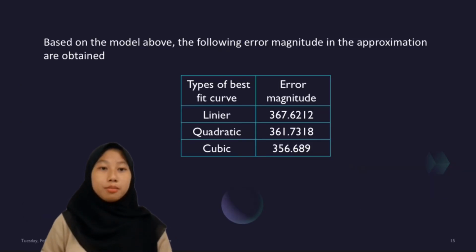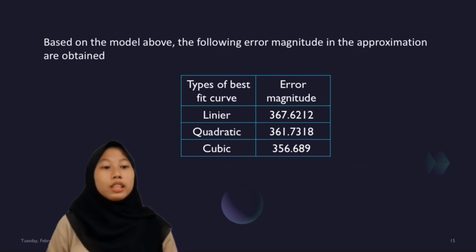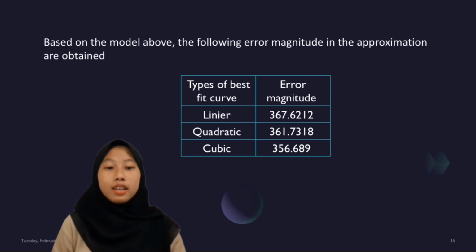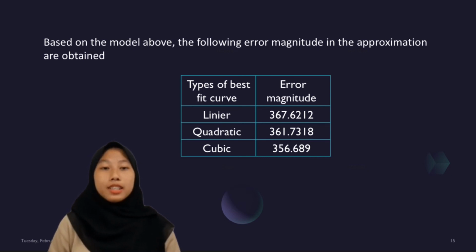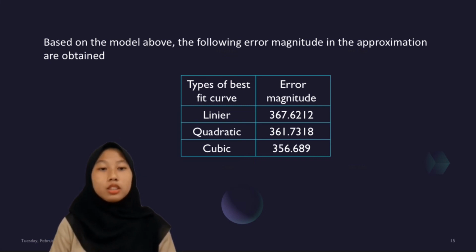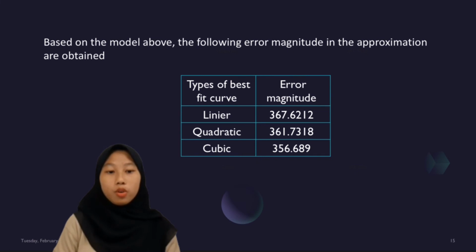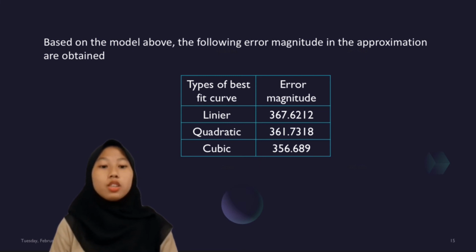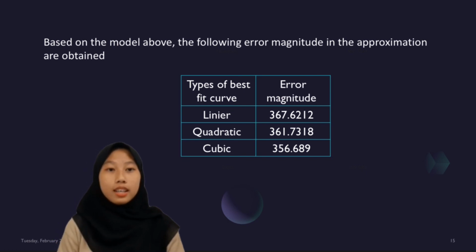Based on the models above, the following error magnitudes in the approximation are obtained. For the linear best fit curve, the error magnitude is 367.6212. For quadratic, the error magnitude is 361.7318. And lastly, for the cubic best fit curve, the error magnitude is 356.689.